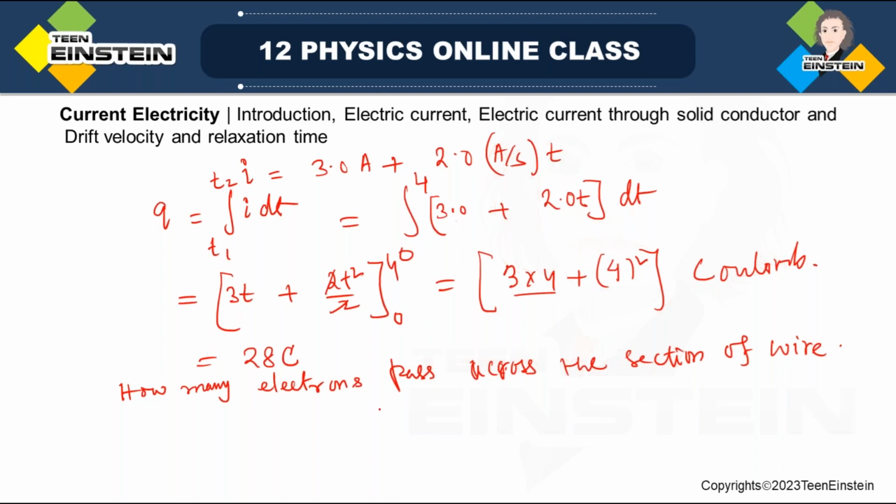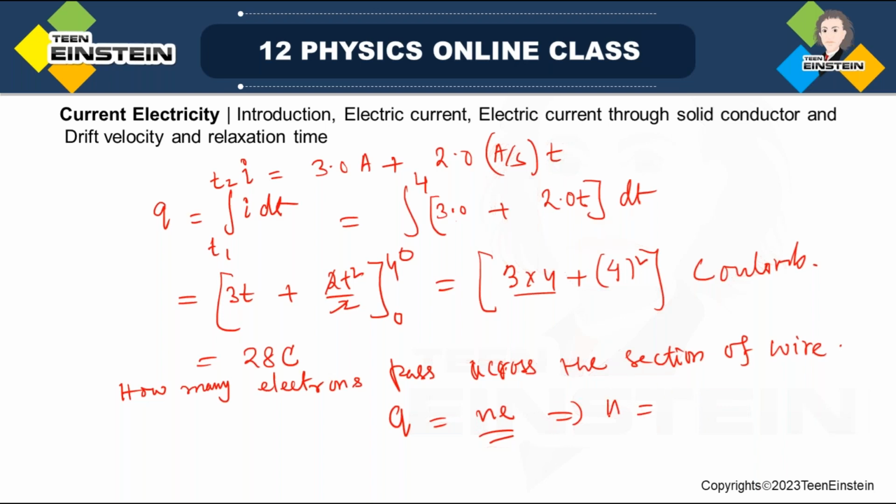So how do we write here? Q is equal to N into E. From here we can find out how many charges or how many electrons pass through. So we need to find out the number.